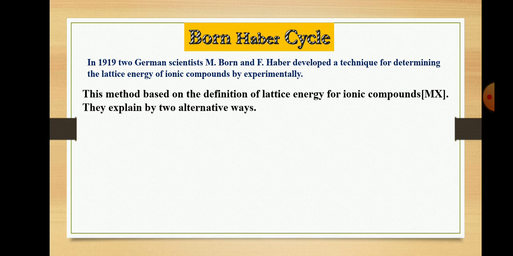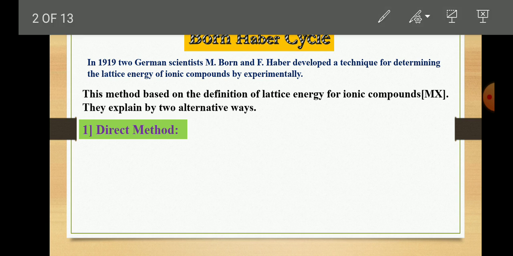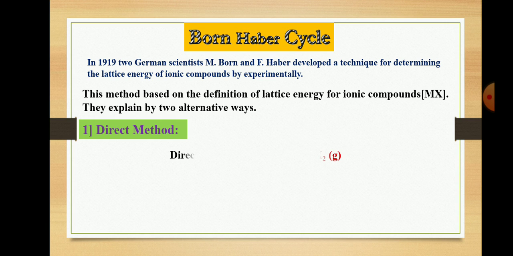We have to complete one by one. Number one, direct method. Very interestingly, students, the direct combination of M, which is solid in nature, plus half X2, which is gas in nature.